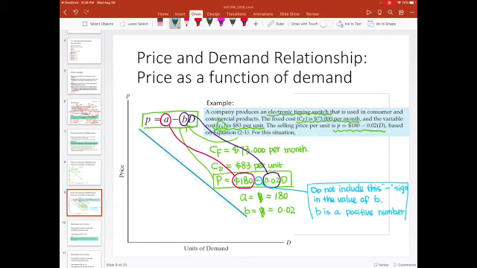This is very important. A lot of students struggle with this. Your B is going to be a positive number. Please do not include that negative sign before it.